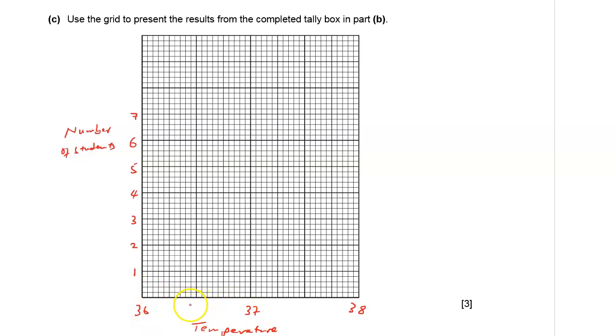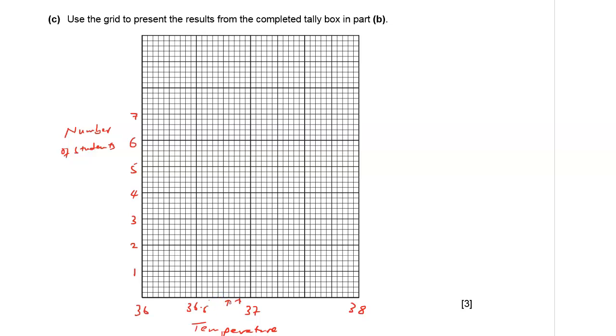This is 36, this is 37, so this is 36.5. I'll count 0.6, 0.7, 0.8, 0.9. So 0.9 is right there. For 36.8, that is 36.6, 36.7, 36.8. 36.8 is there.